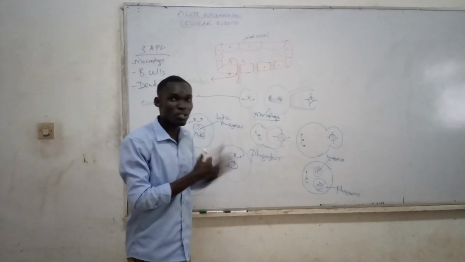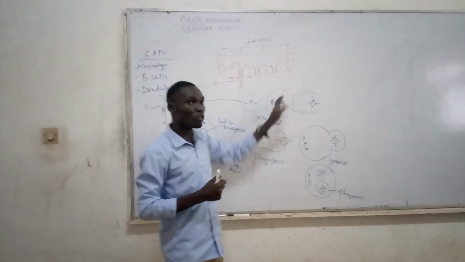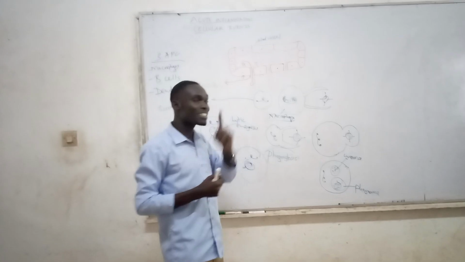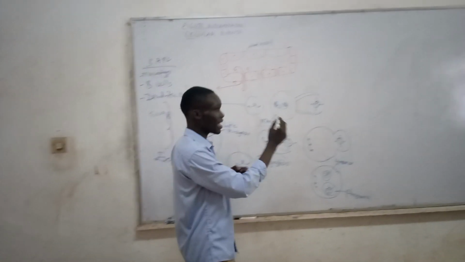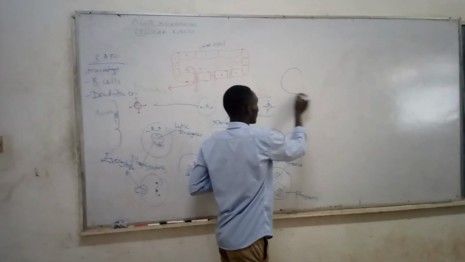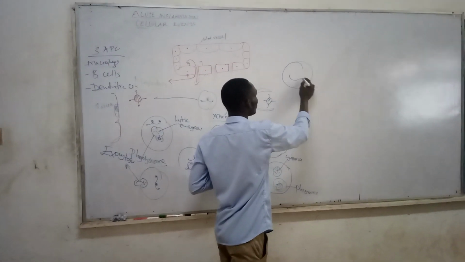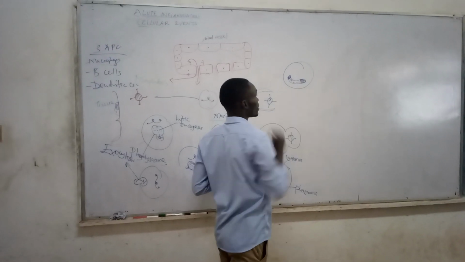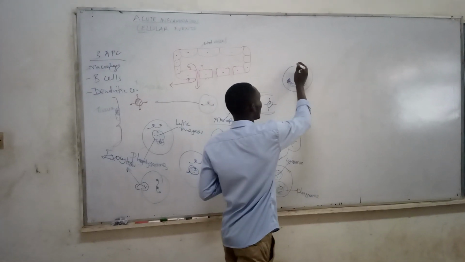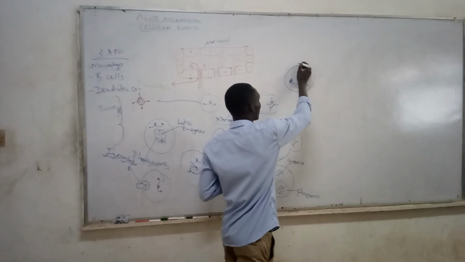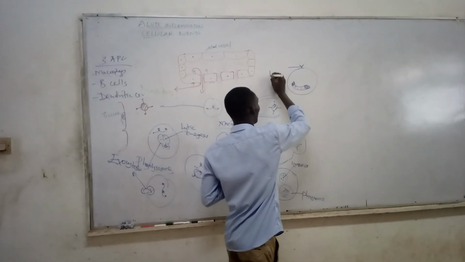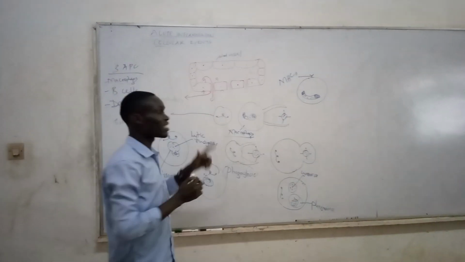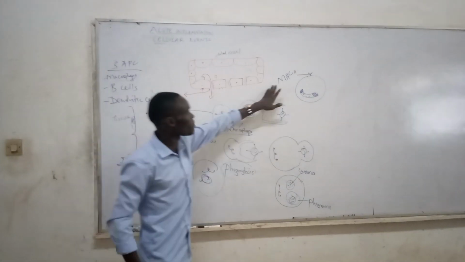With the macrophage, the phagocytosis and formation of phagolysosome happen. But now because this one is an antigen presenting cell, it has something else. It's a macrophage, but it contains a structure known as the MHC2. So this is the MHC2.